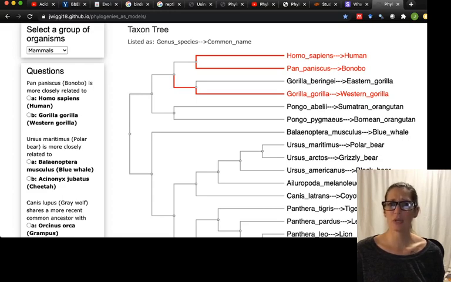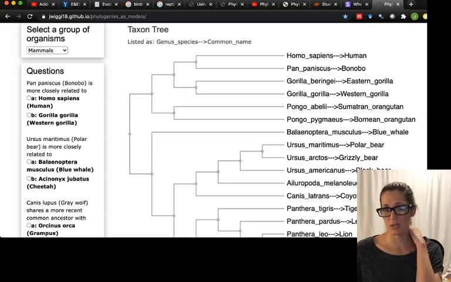So Homo sapiens and Pan paniscus are more closely related than is gorilla to Pan paniscus. I want to point out, if we're looking at this lineage, that had this question asked you about the eastern gorilla, Gorilla beringei, if you just looked at this without highlighting lineages and without thinking about the evolutionary history, let's say the question asked, is Pan paniscus more closely related to Gorilla beringei or to gorilla?